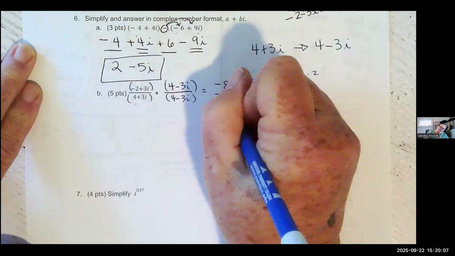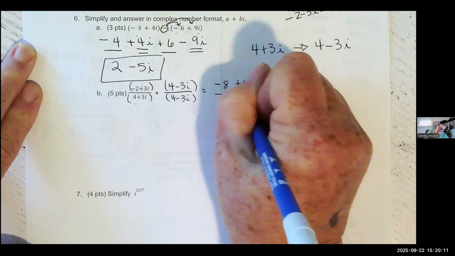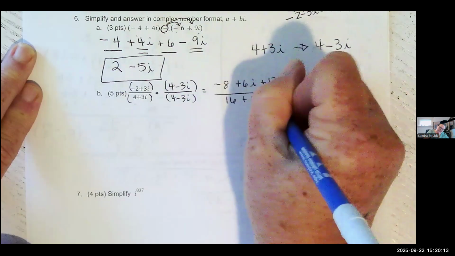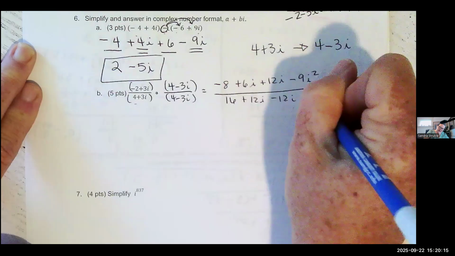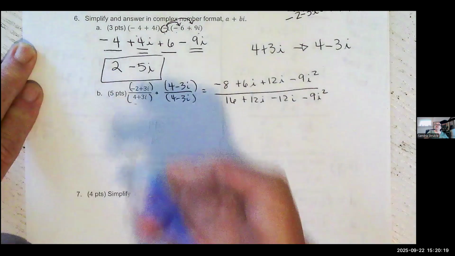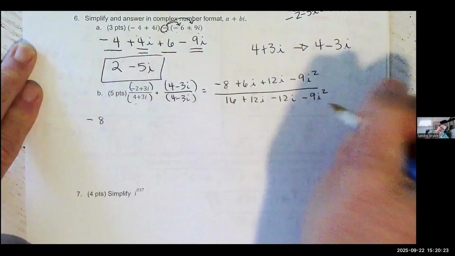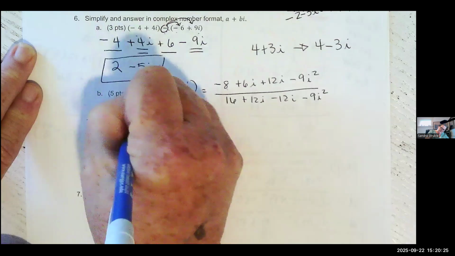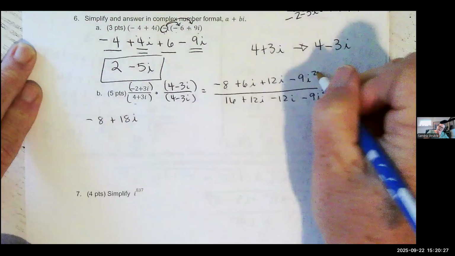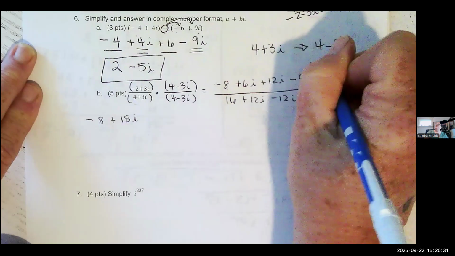All right, for the numerator, I have -8 plus 6i plus 12i minus 9i squared, over 4 times 4 is 16 plus 12i minus 12i, and then minus 9i squared. I'm going to simplify. -8 plus 18i. Now, i squared is the same thing as -1.